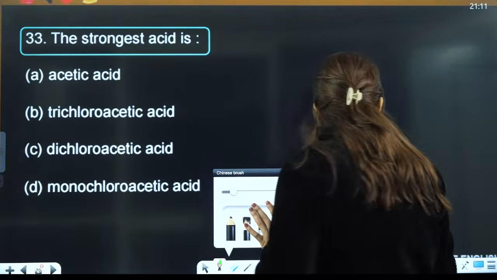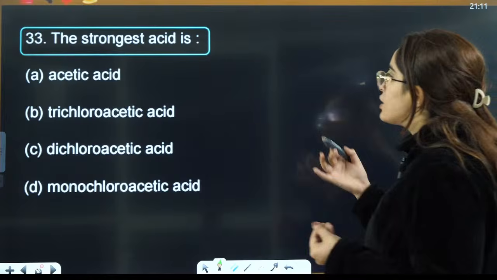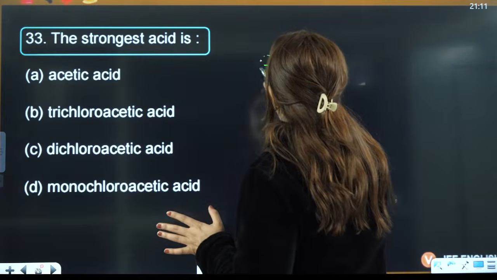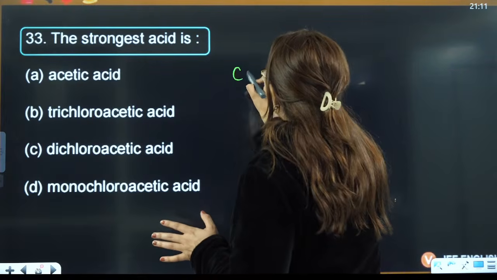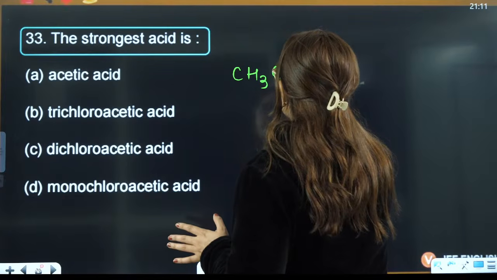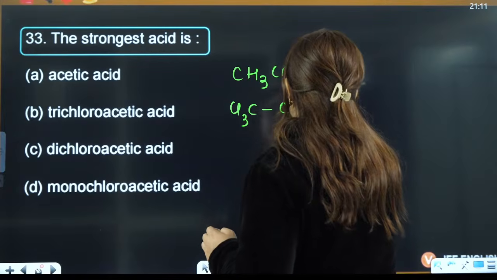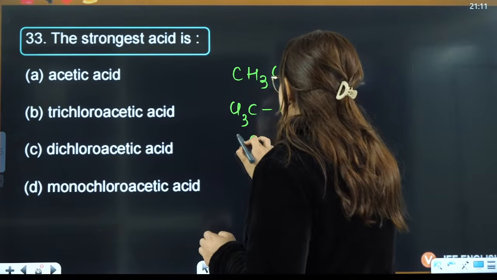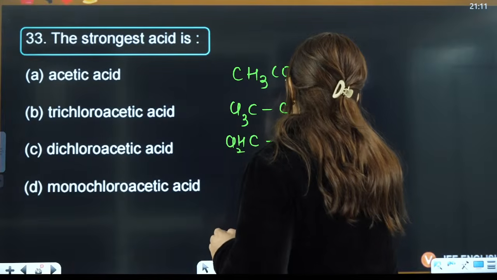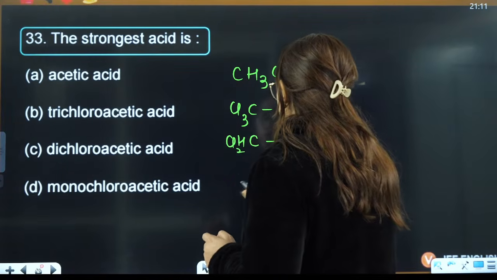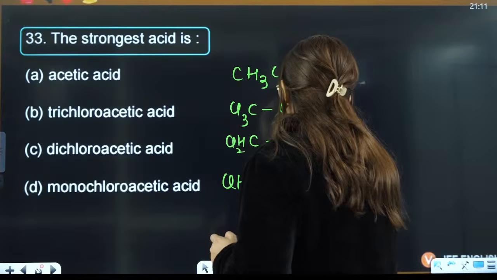Then, the strongest acid among them. We know that in an acid, you have CH3COOH here, that is acetic acid. Trichloroacetic acid will have 3 chlorines, dichloro will have 2 chlorines, and monochloro will have only 1 chlorine.